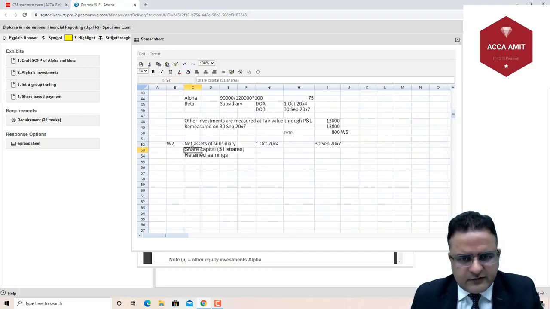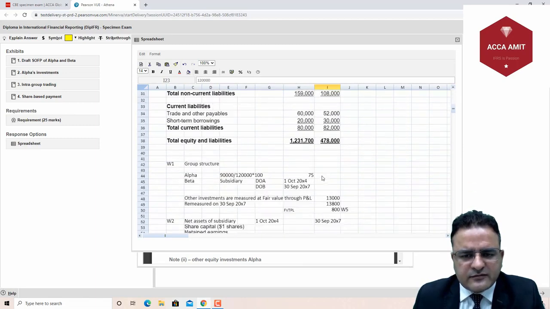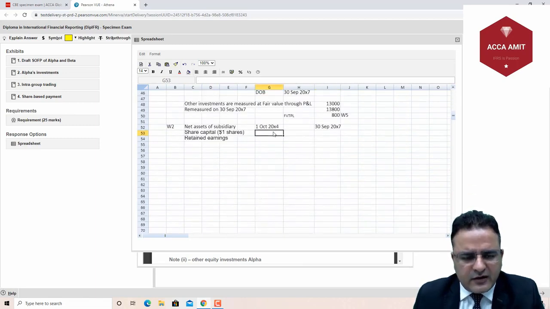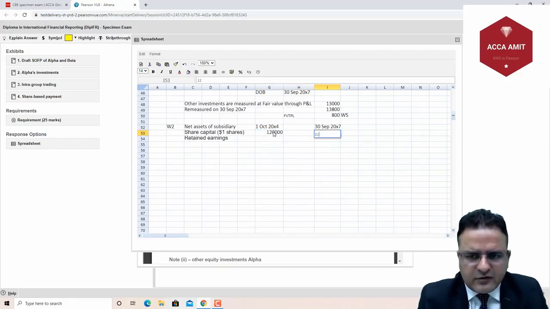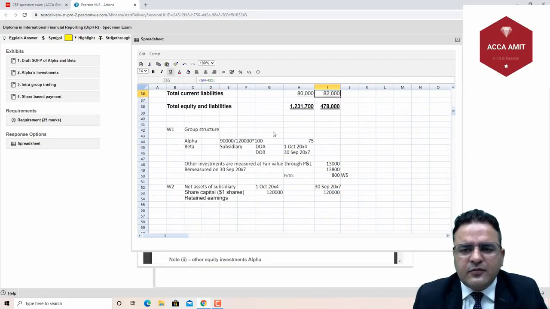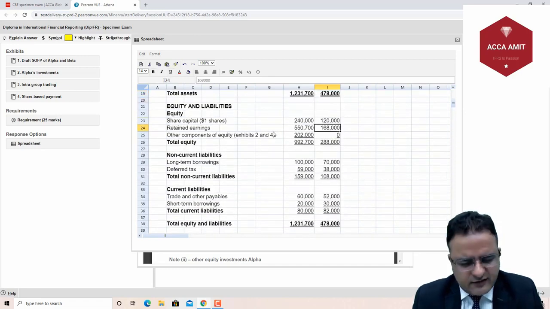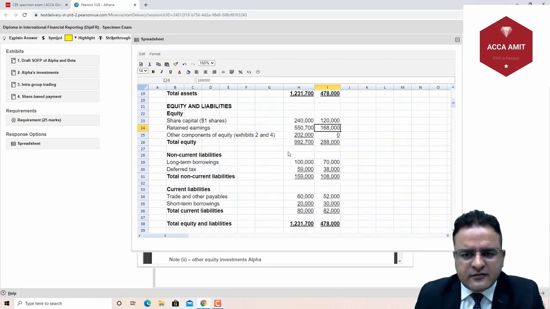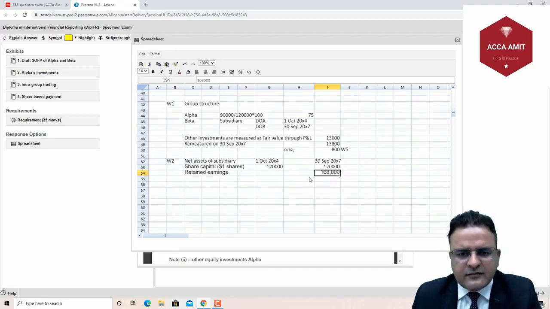Share capital on the date of acquisition is 1,20,000, which is the same on the date of balance sheet, 1,20,000. The date of balance sheet figure of retained earnings is to be picked from here. Retained earnings are standing at 1,68,000 on the date of reporting.